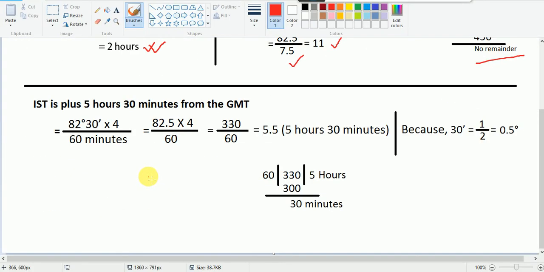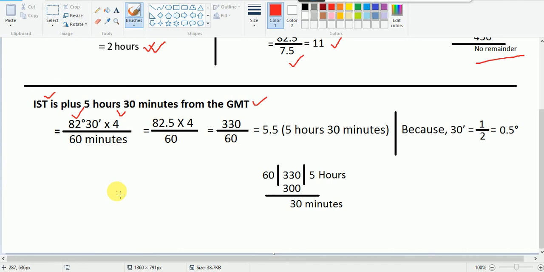See here. So Indian standard time, IST, is plus 5 hours 30 minutes from Greenwich Mean Time. So here, this is the Indian standard meridian, that is 82 degree 30 minutes multiplied by 4, because 1 degree is equal to 4 minutes.